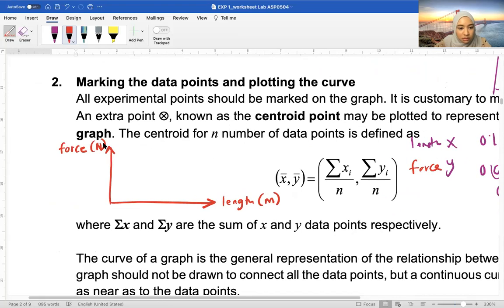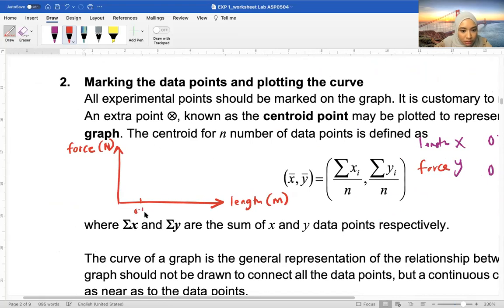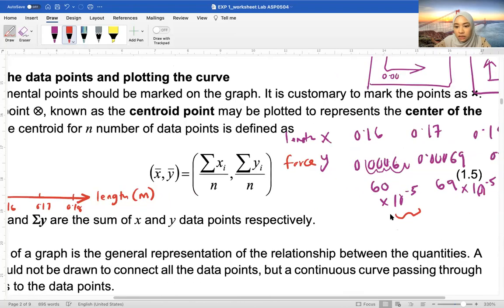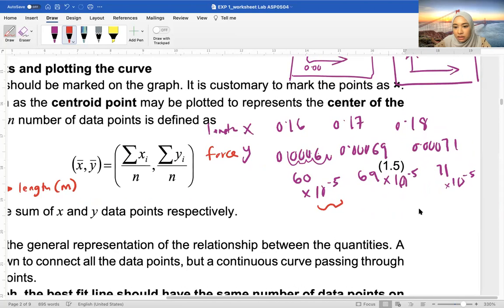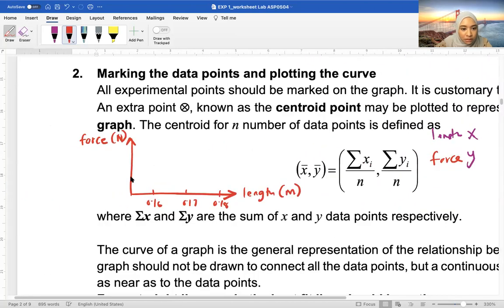So 0.16, 0.17, 0.18, and then the data is 60, 69, and 71. So 60 over here, and then you have your 69 over here, and then there's a 71, a bit higher here.